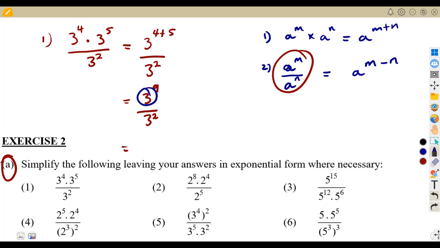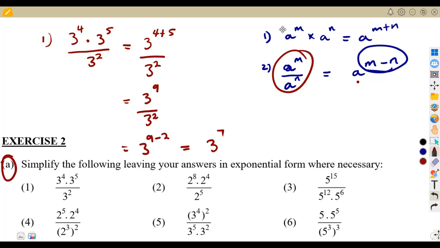So what are you going to do? We are going to subtract the exponents under the same base, which is 3. So that's 9 minus 2, which is going to give us 3 to the exponent of 7. Yes, you can simplify if you want, 3 times 3 times 3, or at the end you can just use your calculator. You're already on the final answer.